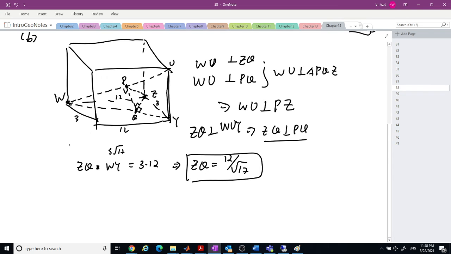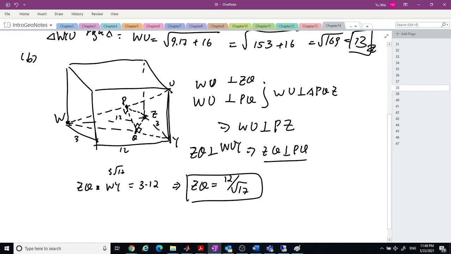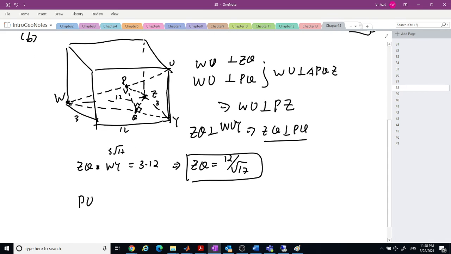Now we want to solve PQ. Okay, to solve PQ, we need to know the similar triangle, right? We need to know WQ. Let's solve WQ first.